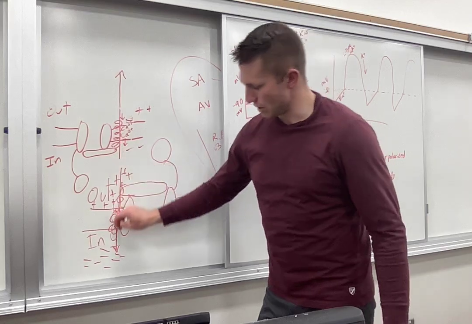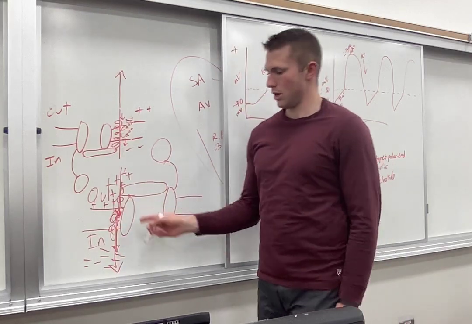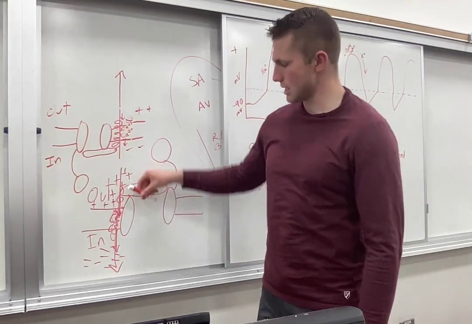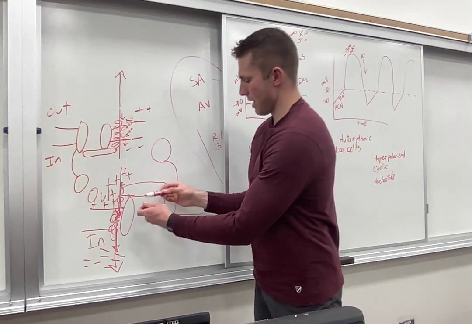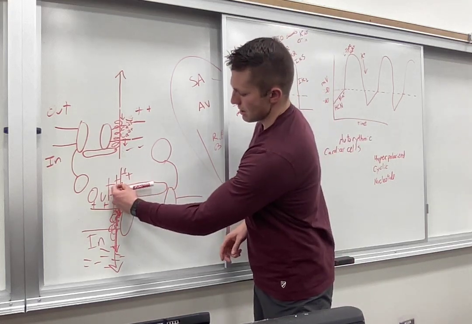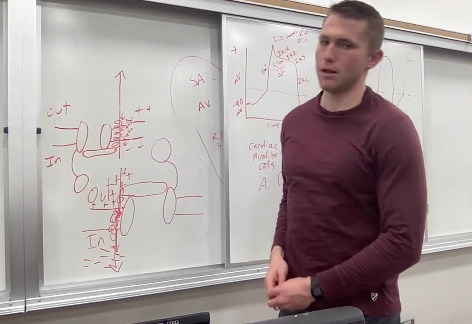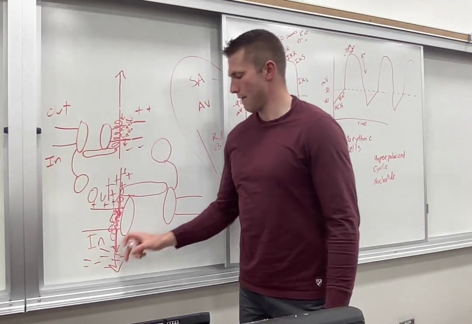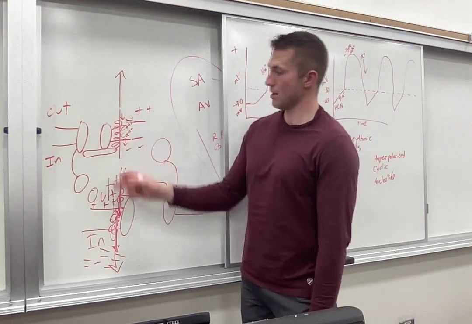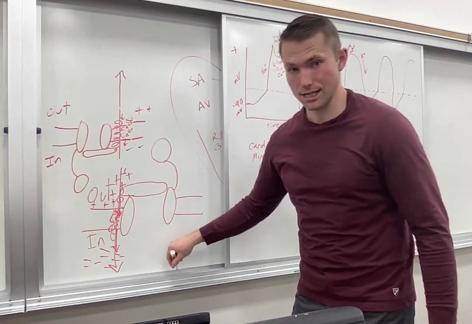So in all, you get a downward force on the springy thingy that's attached to this side of this gate. And if we do this, downward force there, what do we see? This is opening up. And if this is opening up, then sodium's rushing into the cell.